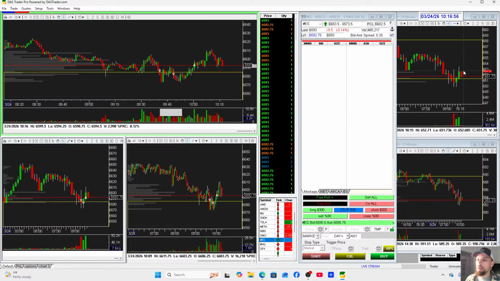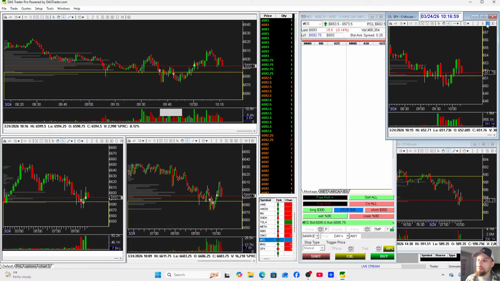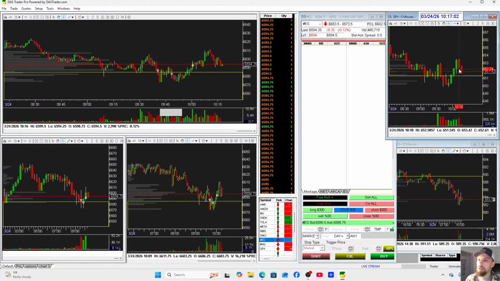SPY's pulling back here. Found some significant support around that low of that box, 651. Google losing the box. Throw Tesla up here.